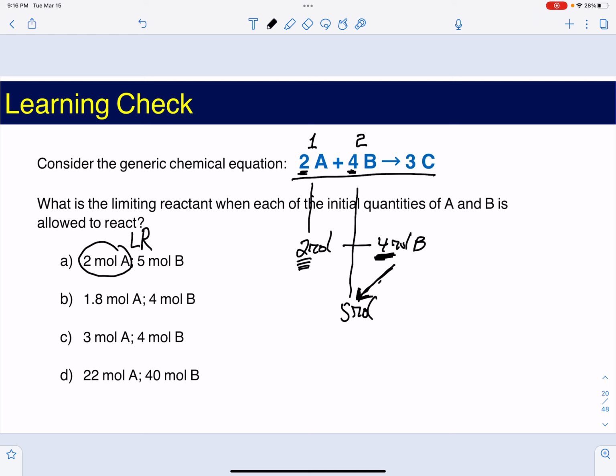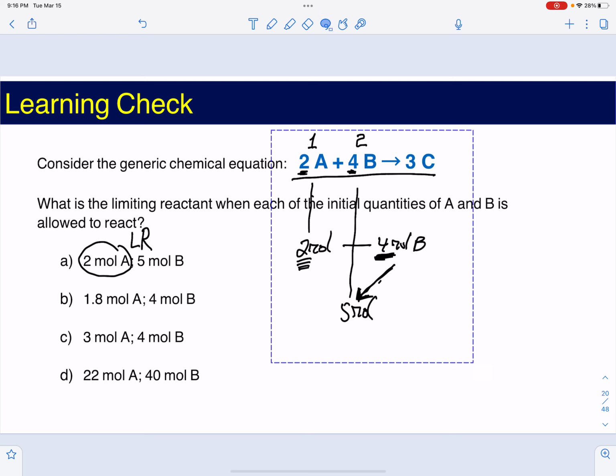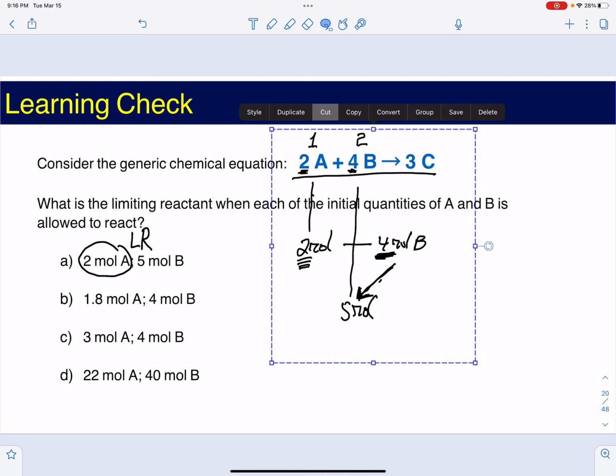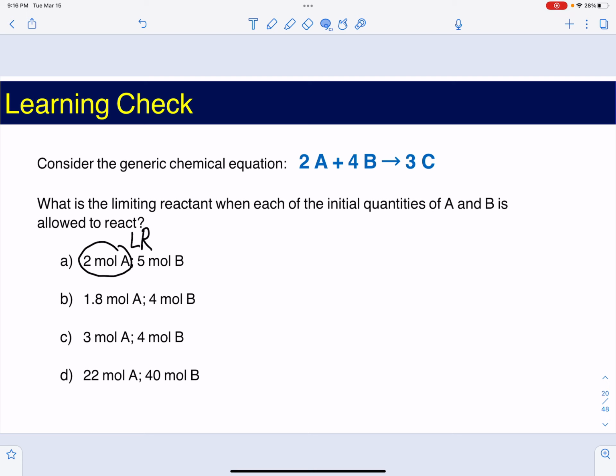Let's do the next one. The next one, we're going to do it a little bit different. So there's several ways to find out the limiting reactant. One of them is comparing the proportion. For every one of these, you need twice as much of this and then see what you have.